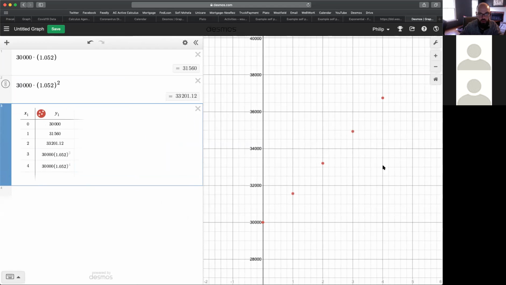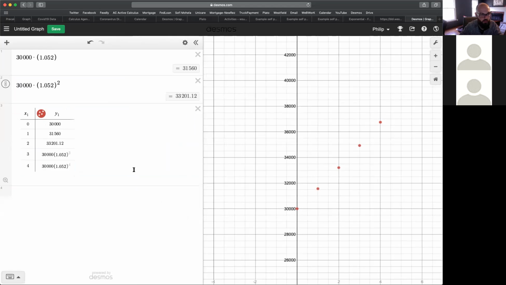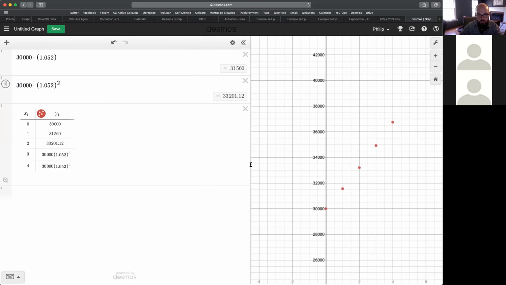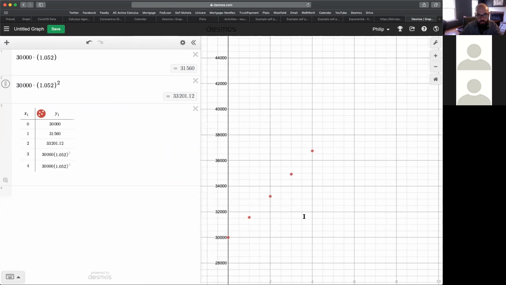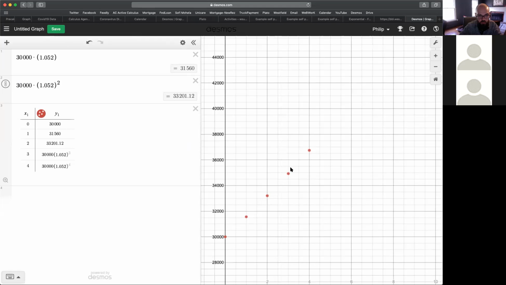Okay, and so let's look at our data here. What do we see? What does this look like? It honestly kind of looks linear. Looks linear, right? So these changes are pretty close to one another.